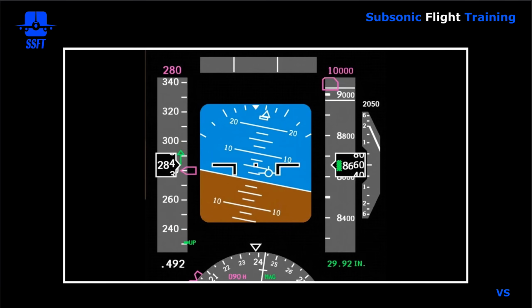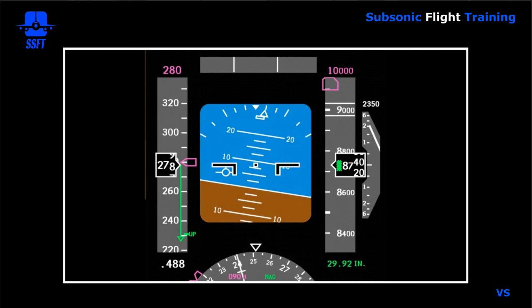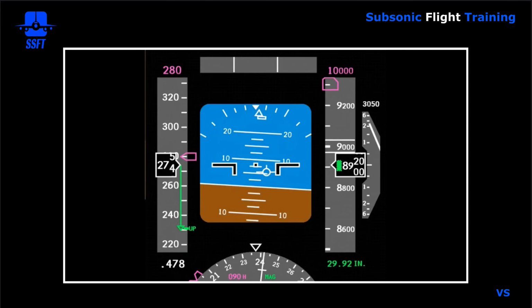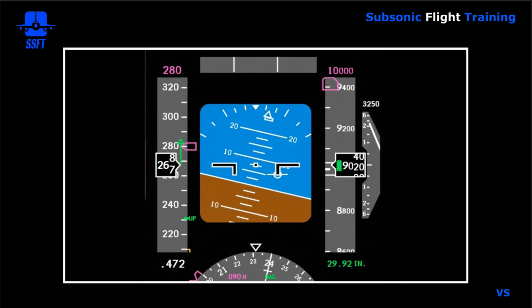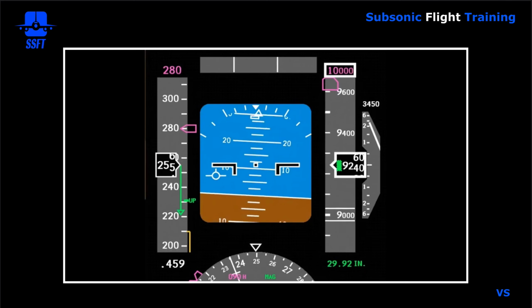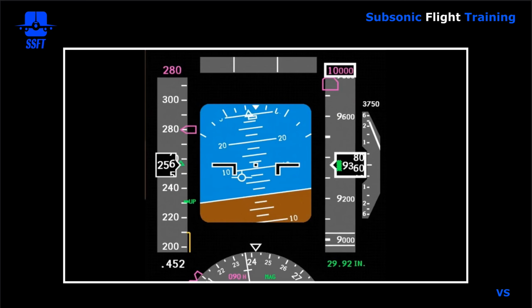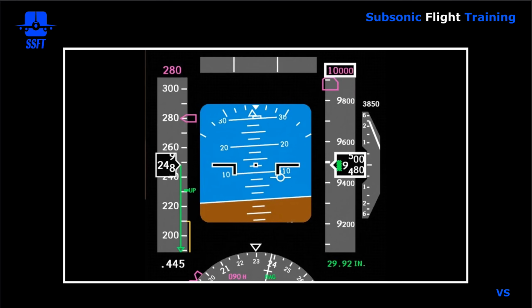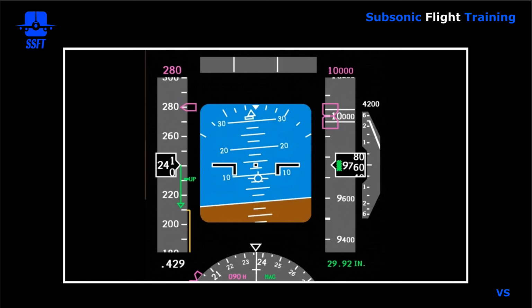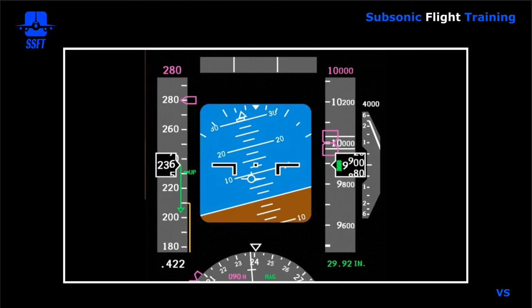But you can see that the box moves to the right and to the left of the triangle as I induce a slip and a skid. The slip, of course, would be if you turn to the left and you add right rudder. The skid would be if you turn to the left and add too much left rudder. Typically we want to keep the ball in the center, or the box in the center in this case.